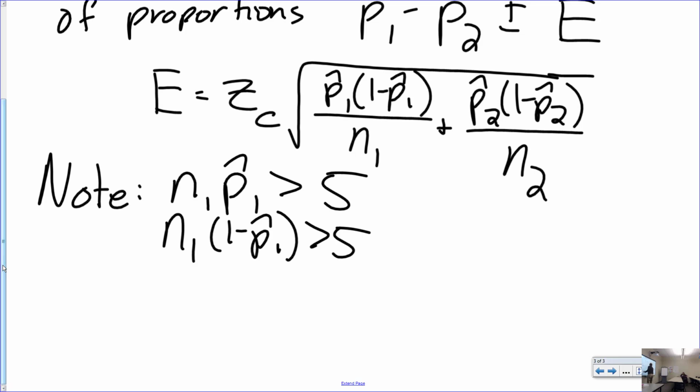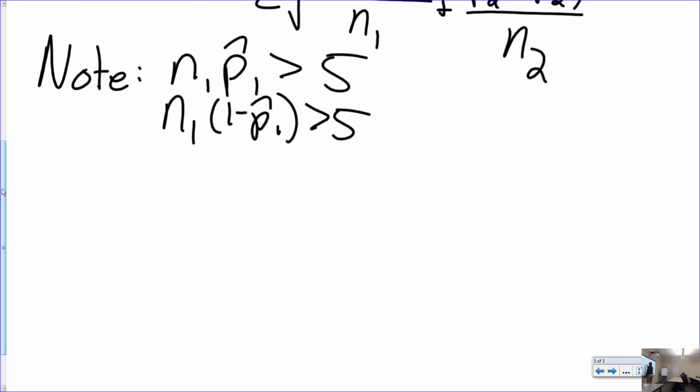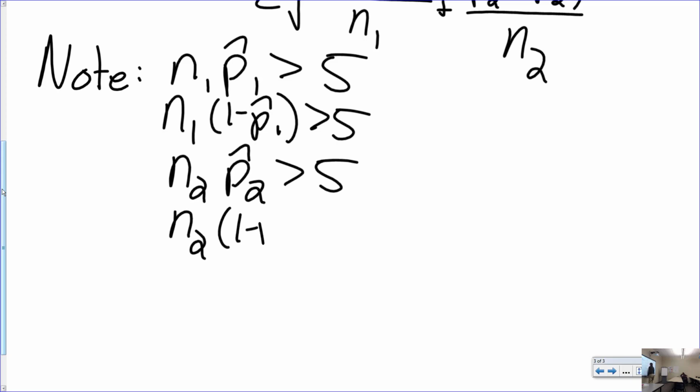So we have to do it for N2? Yes, we have to do it for N2 as well. It has to be true for every single one of those. If any of those are less than 5, you can immediately throw your statistics away and say, we can't calculate anything, okay?